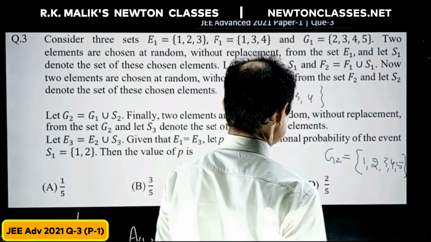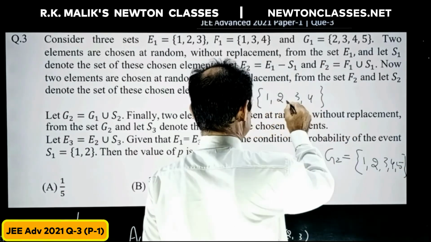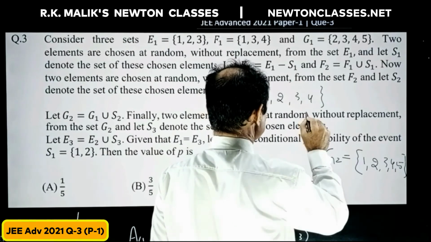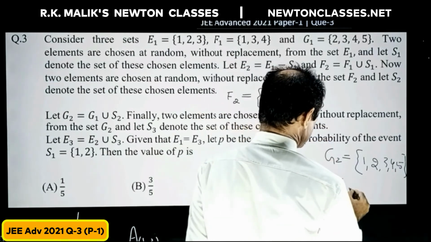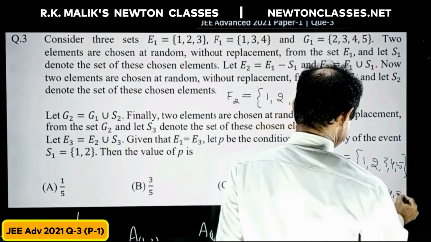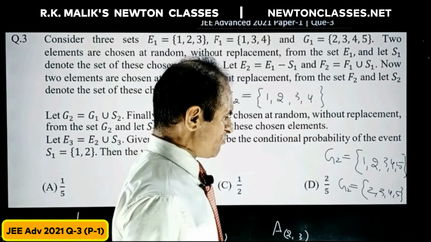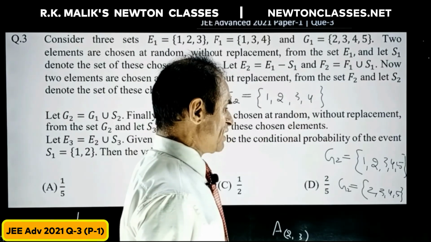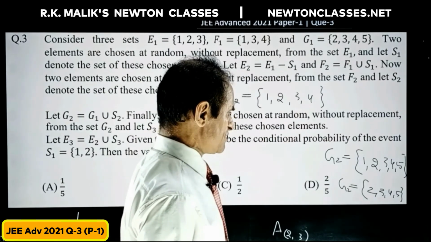And the second possibility, when the chosen pair from F2 does not have the element 1, in that case G2 formed will be 2, 3, 4, 5. Therefore, in this case, we will be proceeding by taking two cases.